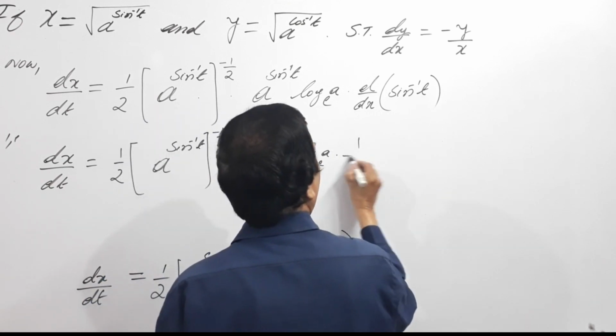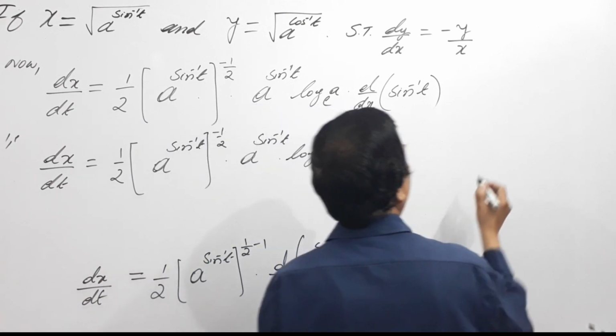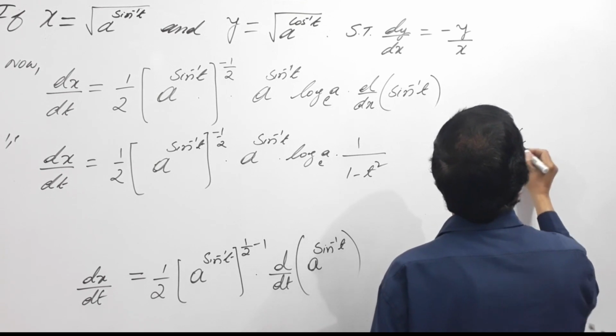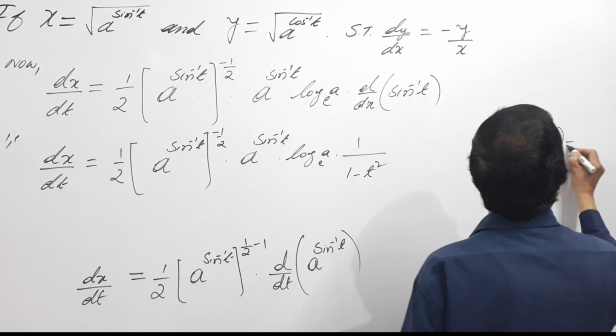This will be 1 minus t square. d by dx of sin inverse x equals to what?